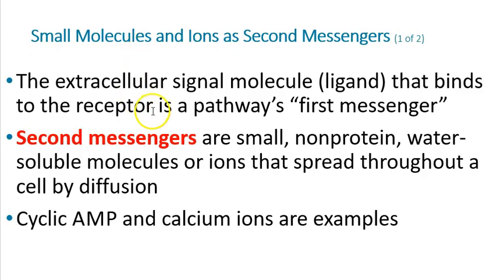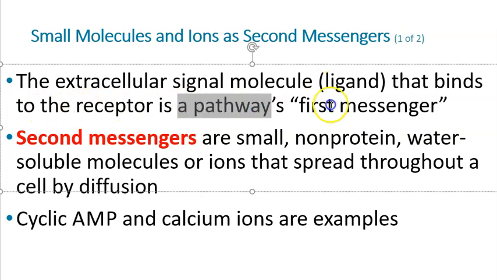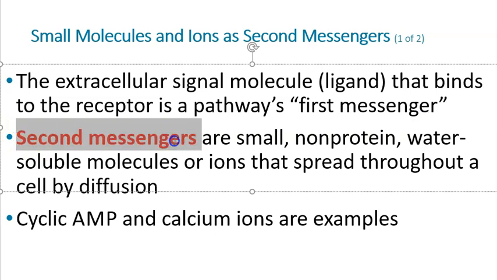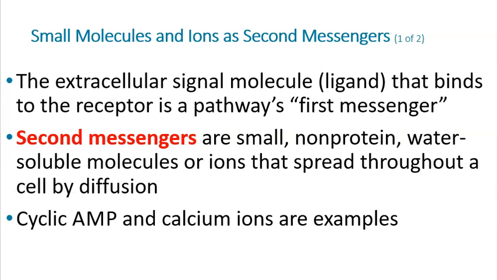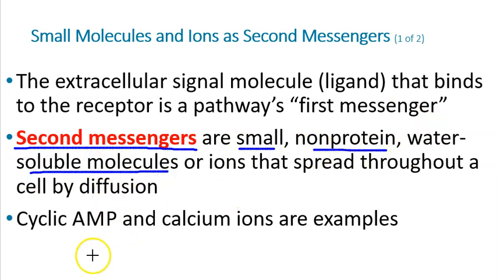The extracellular signal molecule, the ligand that binds to the receptor, is a pathway's first messenger. Now we're going to dive into secondary messengers and cAMP. Second messengers are small, non-protein, water-soluble molecules spread throughout the cell.